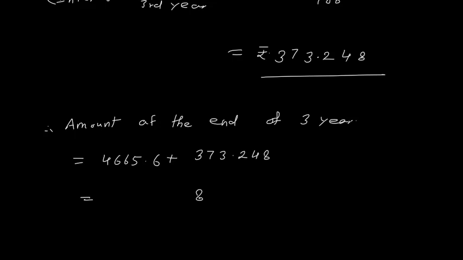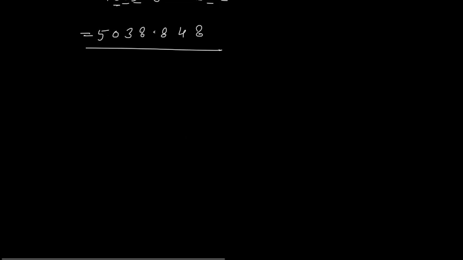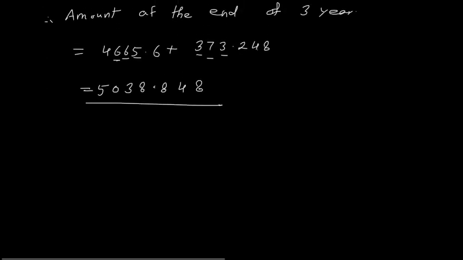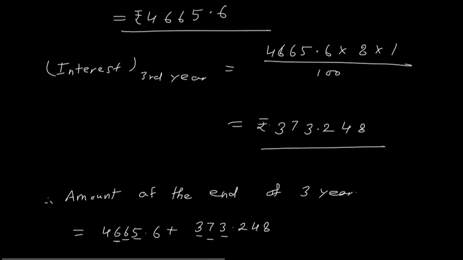So I will write 8, then 4, and then 6 plus 2 is 8, then decimal, and then 5 plus 3 is 8, then 6 plus 7 is 13, then 7 plus 3 is 10, and 5. So I have to find this amount in rupees. So it is approximately equal to rupees 5039. So 5039 is the approximate amount that the person will get after 3 years.